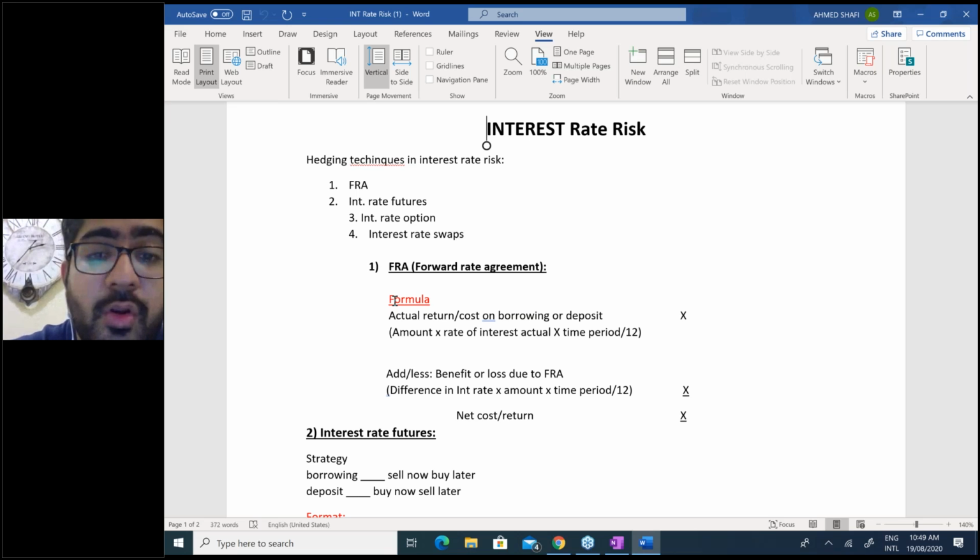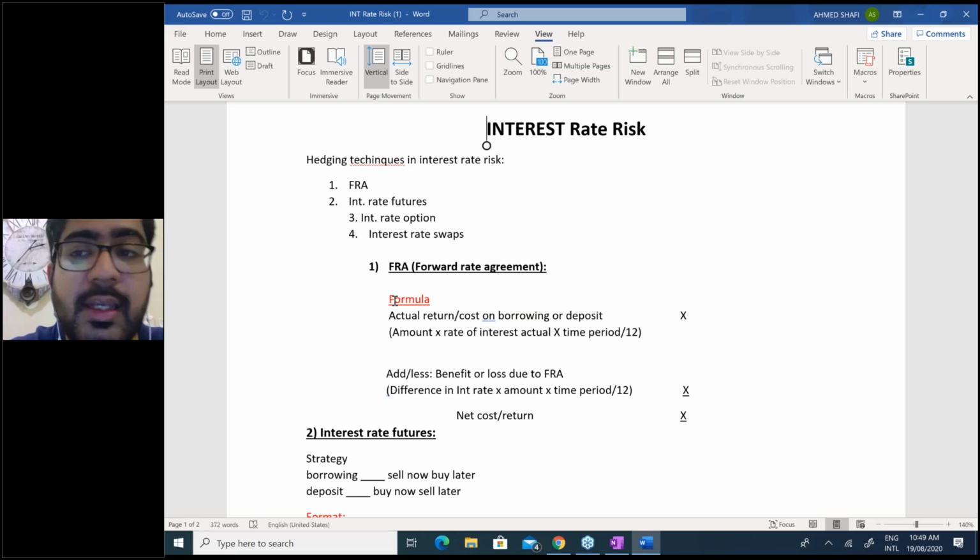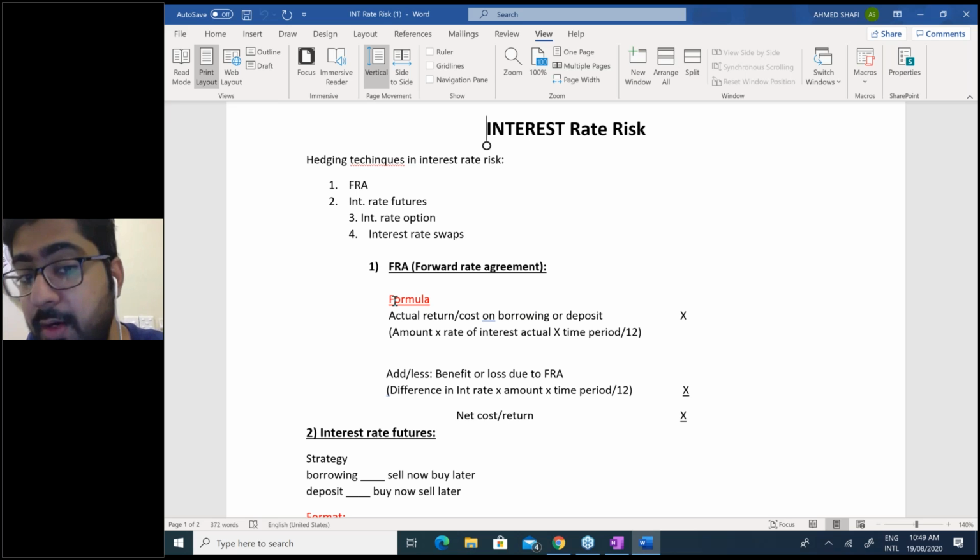In benefit or loss due to FRA, people try to rote learn whether to add it or deduct it. No one can teach you this through rote learning. The formula is simple, difference in interest rates into amount into time period over 12, but no one is going to guide you, and no one can, in fact, whether to add or less. Now listen carefully.